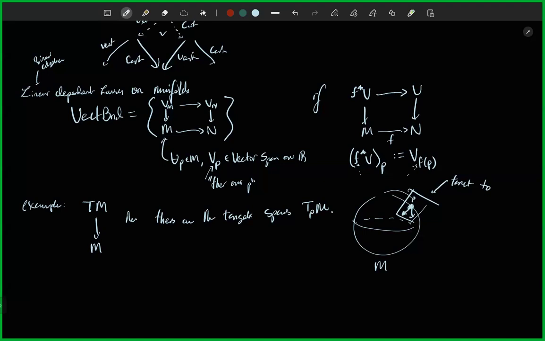Moreover, I mentioned that if I have any function like this, and we've already seen this when we looked at representability of trajectories, any function f, we actually get a whole square like this. And this is a map of vector bundles. I should say this has to be fiber-wise linear.